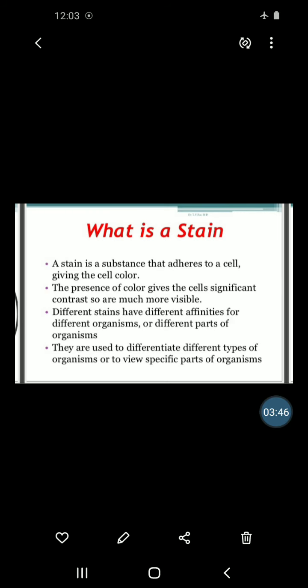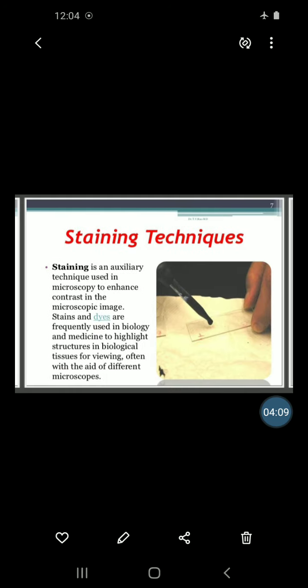Keep in mind, they are used to differentiate the different types of organisms or to view a specific part of an organism.